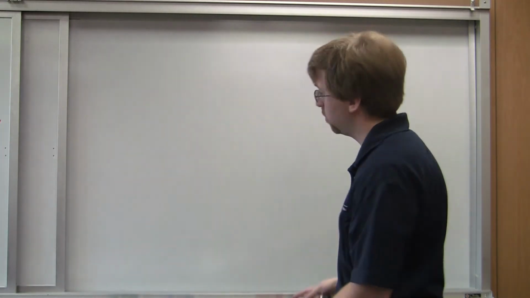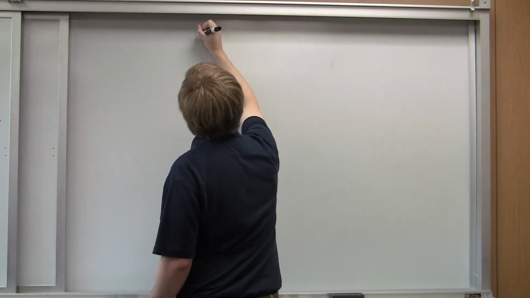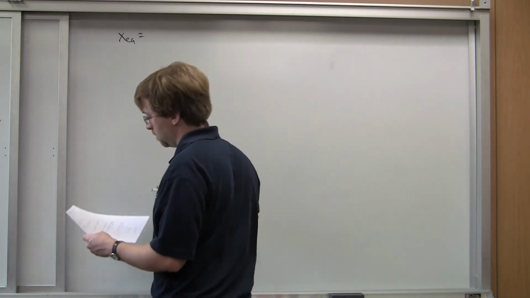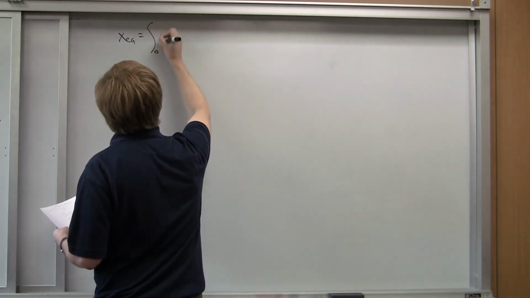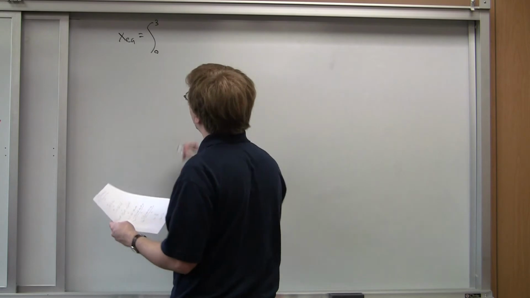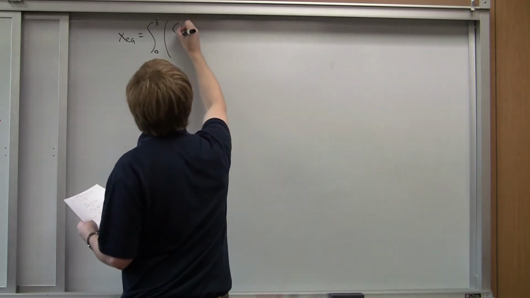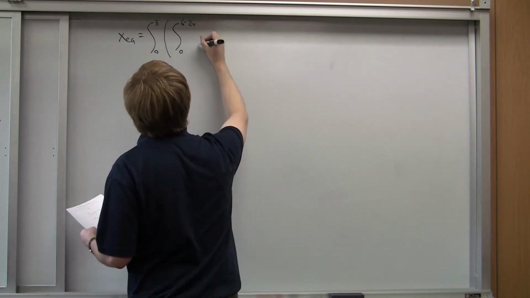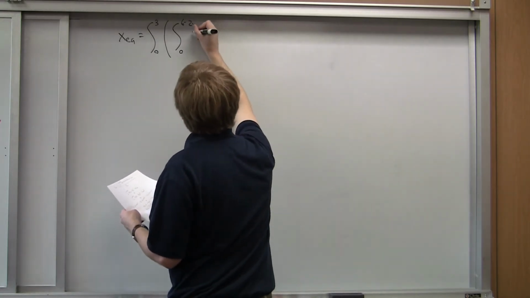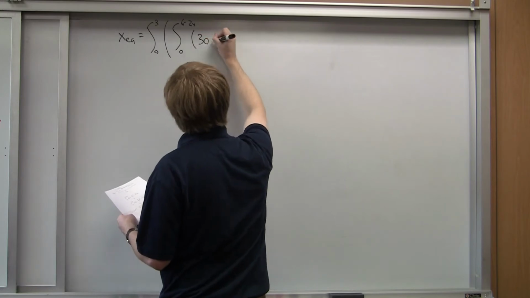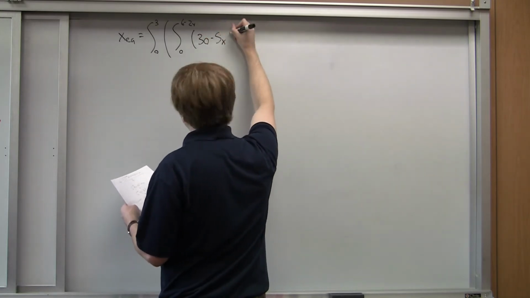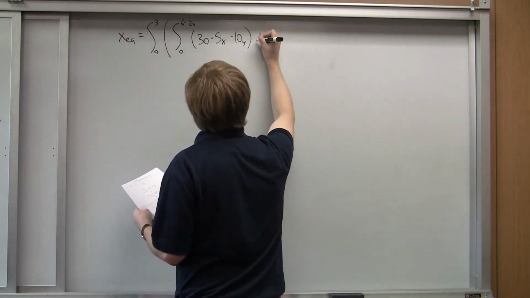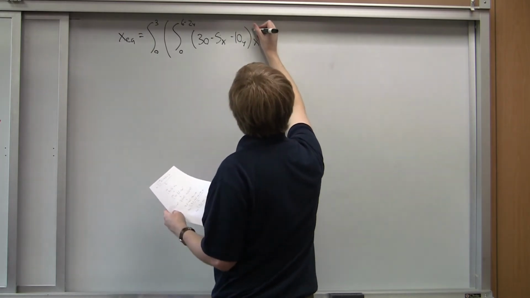XEQ is going to be equal to the integral from 0 to 3, so this is integrating with respect to y, of the integral from 0 to 6 minus 2y times the force function, so 30 minus 5x minus 10y, all of that times x.